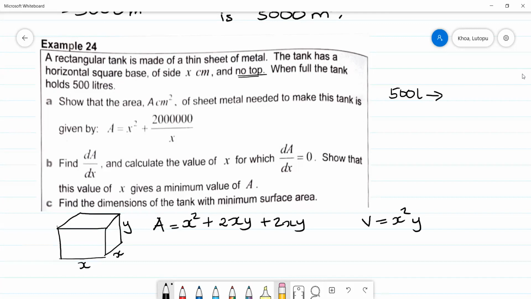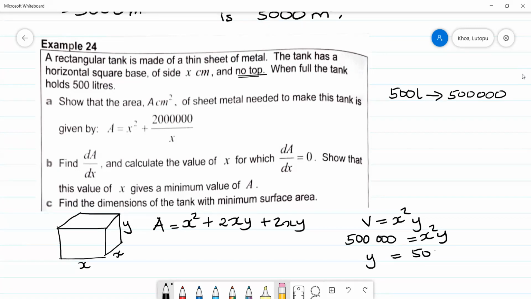So we have 500,000 equal to x squared y, and then we make y the subject of the formula.